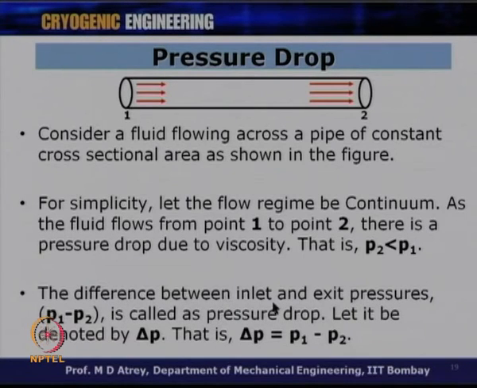The difference between the inlet and exit pressures, P1 minus P2, is what we call pressure drop. Let this be denoted as delta P, so delta P is equal to P1 minus P2. This is very standard fluid mechanics practice to calculate delta P across the region when the flow rate is m dot.